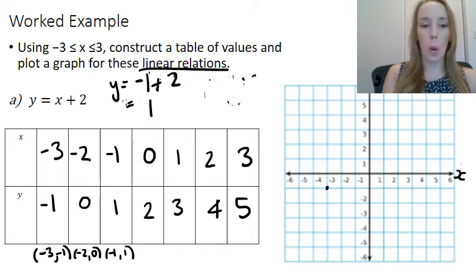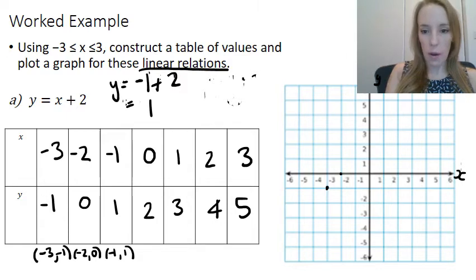That's our first point. Our second point, x is -2, so we found that, and y is 0. So that is here, and that will be our x-intercept, because you can see at -2, that's where our line will cut that x-axis. Our third point, x is -1 and y is 1. That's here. Our next one, x is 0.